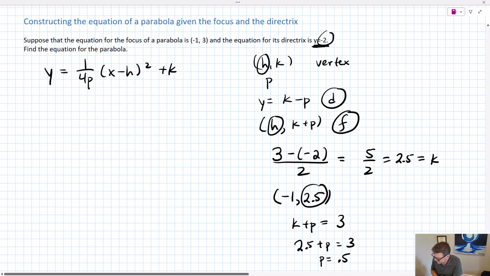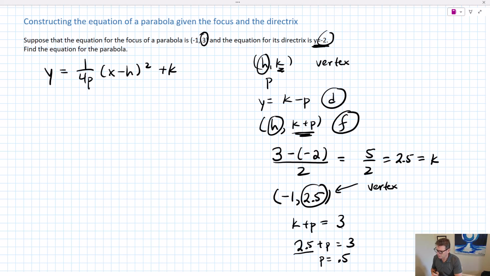Notice this thing here, that's my vertex. It's got k for its y value. And then I take my focus's value, which is k plus p, and it equals 3. So k plus p equals 3. I substitute in k, and then solve for p, and that gives me 0.5.